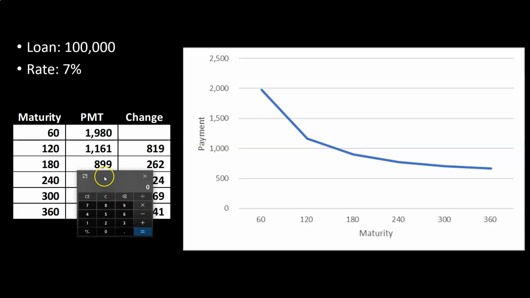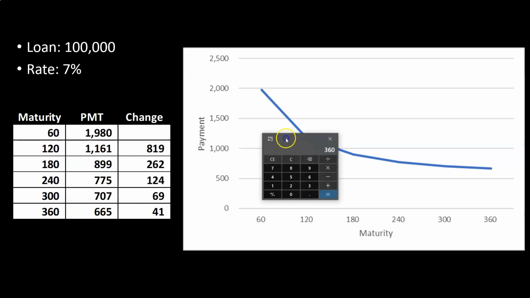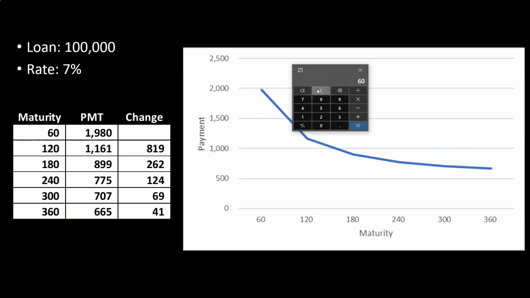What if we went up by intervals of 60? 60, plus 60 is 120, plus 60 is 180, plus 60 is 240, plus 60 is 300, plus 60 is 360, the 30-year mortgage. Dividing the 60 by 12 months, we're taking intervals of 5 years.